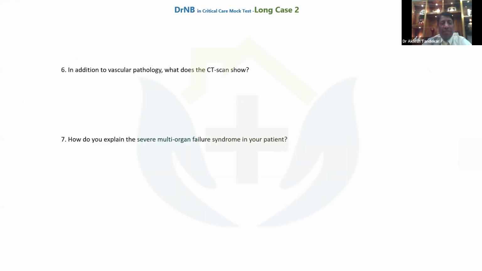Yeah, that's fantastic. So how do you explain the severe multiple organ failure syndrome in this patient? So if it is an aortic dissection which is creating a false lumen, that can involve the aortic root causing aortic regurgitation. It can also dissect. Massive hemorrhage can occur into the false lumen and can lead to hemothorax, pericardial effusion, and hemorrhagic shock.